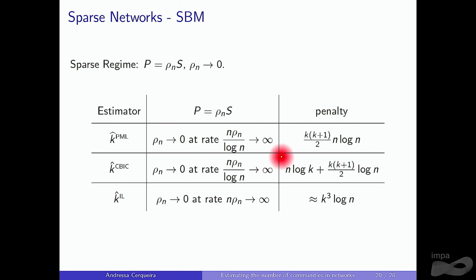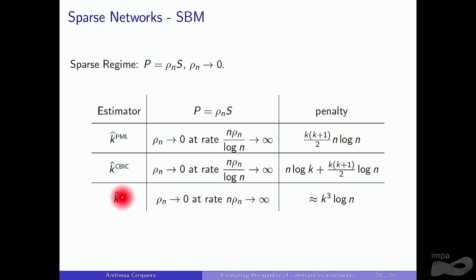And another thing is that if we compare the penalty terms. For the first one, the penalized maximum likelihood, the penalty term is very huge because it's n log n, right? And we know for BIC that we should have something like K squared log n, right? For the next one, we have two terms here, n and log n.